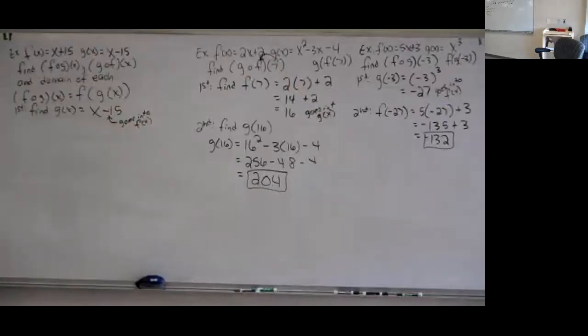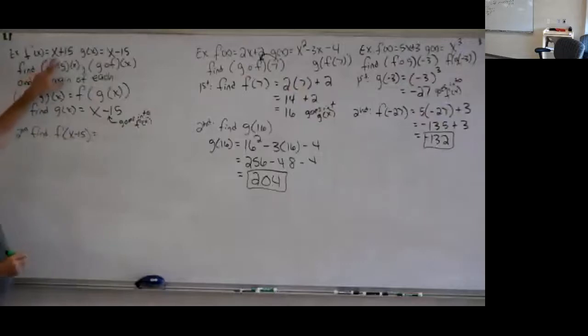So I'm not just putting a number into my f this time, I'm putting the whole function into my f of x. Which means we're going to be finding f of an x minus 15. Right, since g was x minus 15, it's going into the f now, okay?